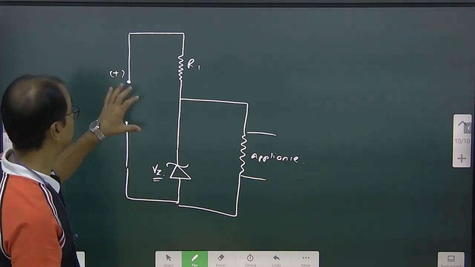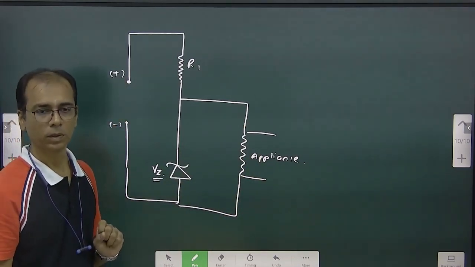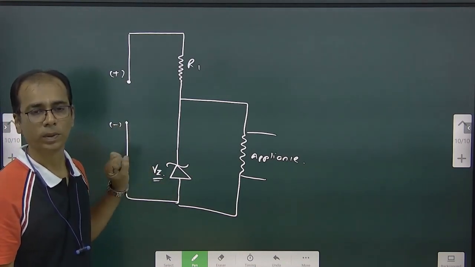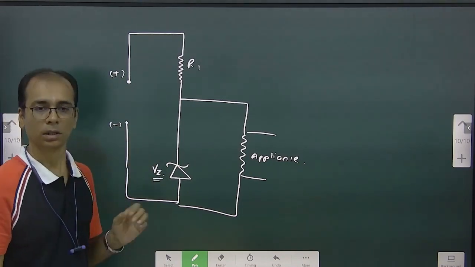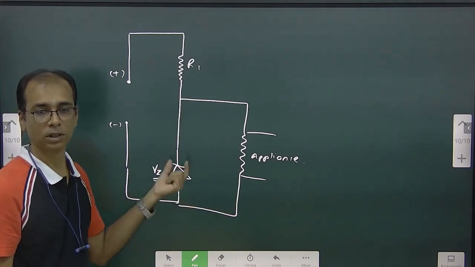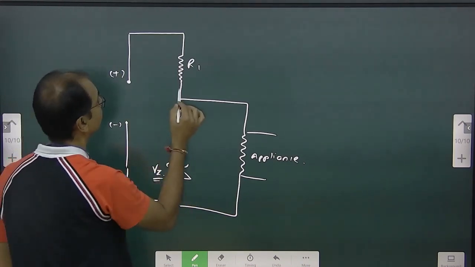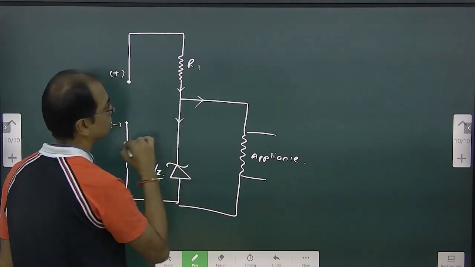But when this potential becomes greater, okay, becomes greater, what will happen then? When there is potential equal to the Zener breakdown or greater than that, breakdown happens in this, and this allows current to pass through. So the current which is coming from here will split.